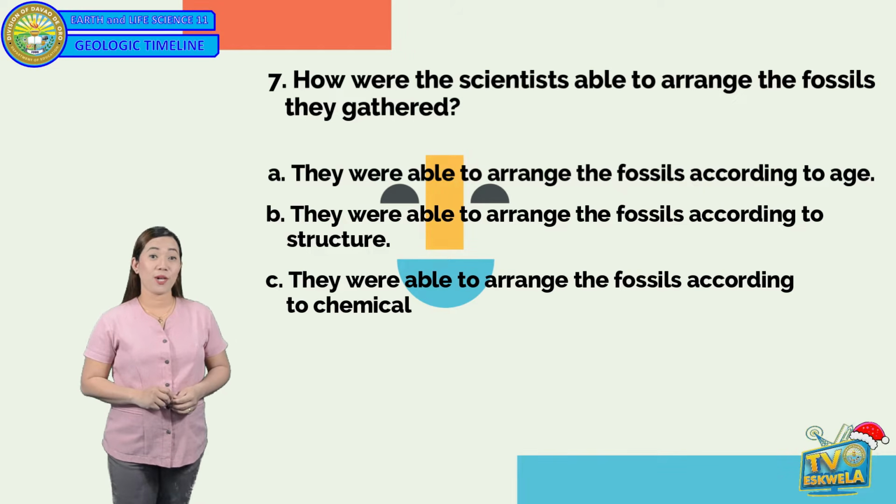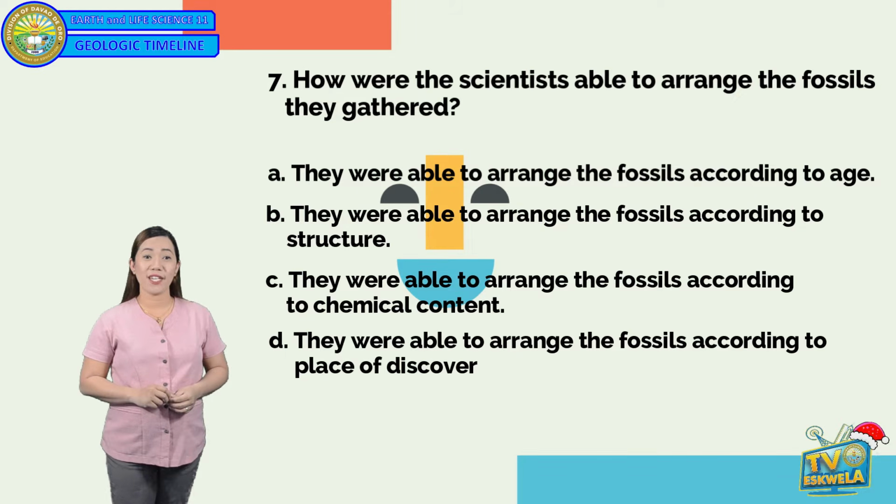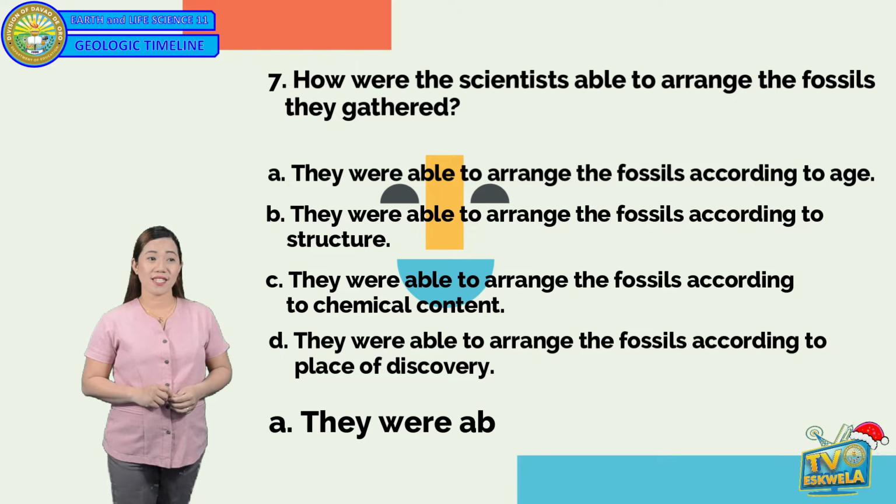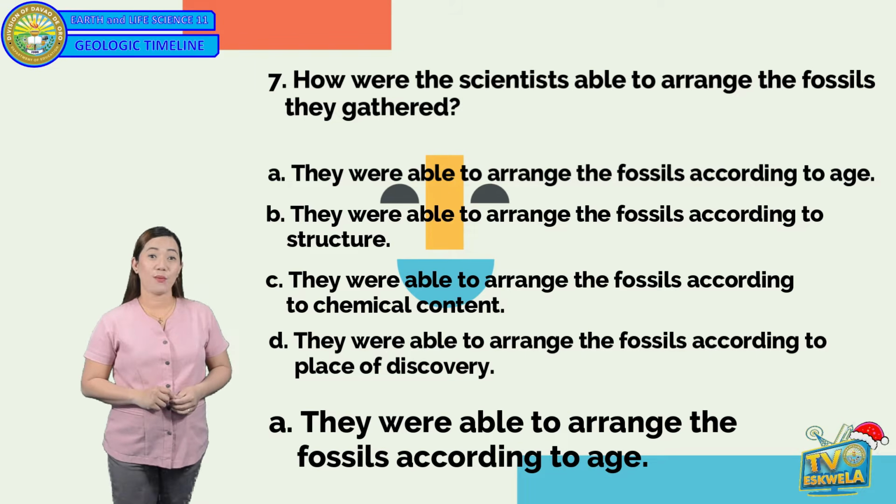C. They were able to arrange the fossils according to chemical content. Or letter D. They were able to arrange the fossils according to place of discovery. The correct answer is letter A. They were able to arrange the fossils according to age.